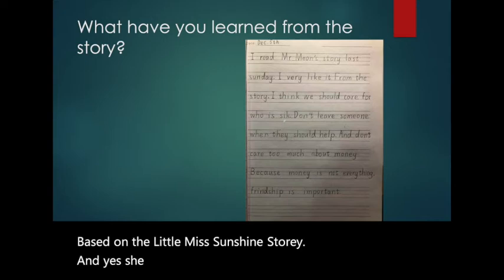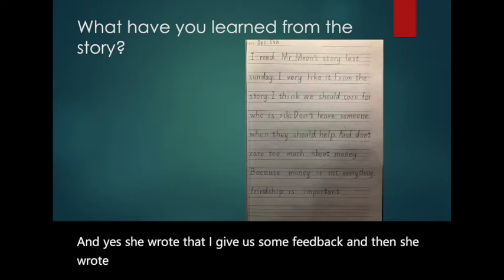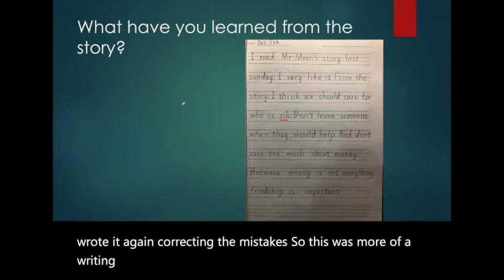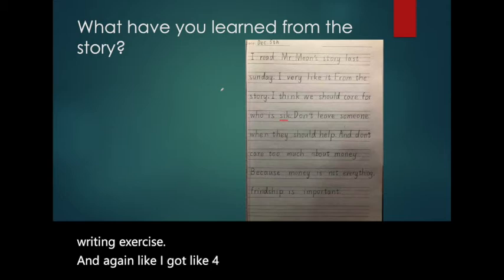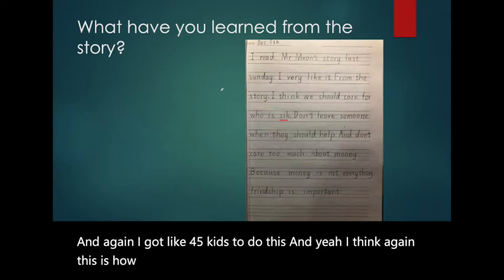I gave her some feedback, and then she wrote it again, correcting the mistakes. So this was more of a writing exercise. And again, I got 4 or 5 kids to do this, and I think again, this is how you could really move on to some other activities.